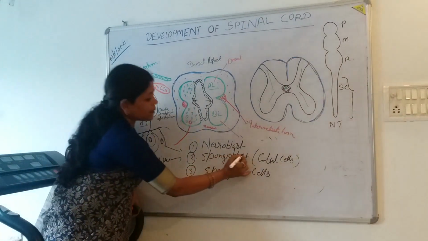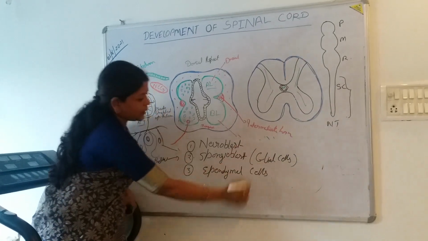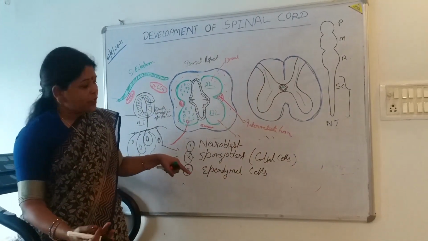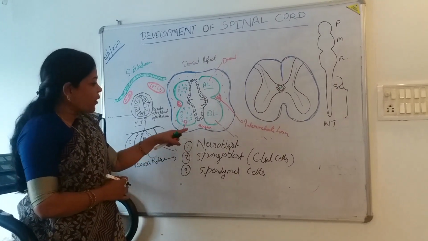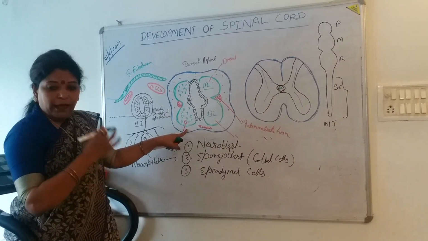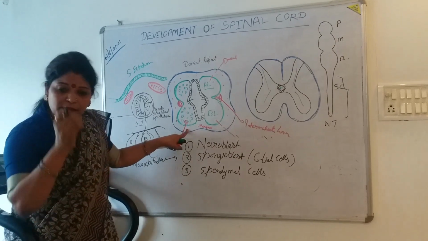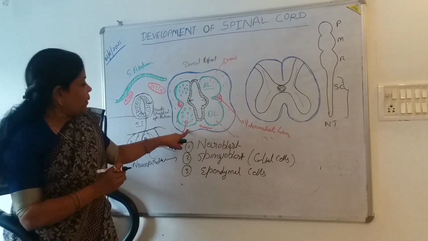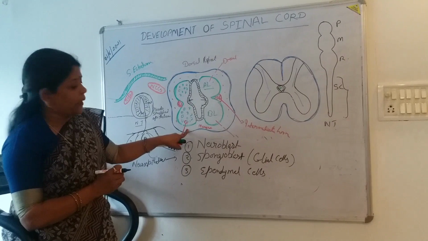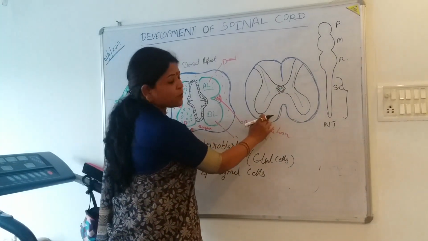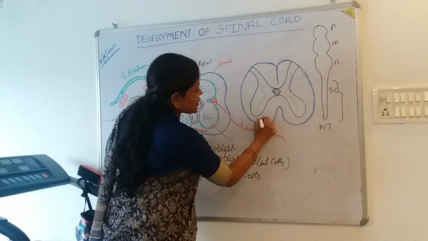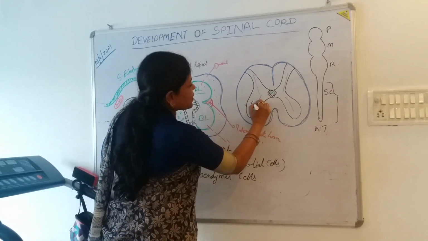So there is a need for another type of cells which will be responsible for the myelination of the axons present inside the marginal layer. Okay, this marginal layer is the future white matter. Look here, this is the white matter and this is the grey matter.